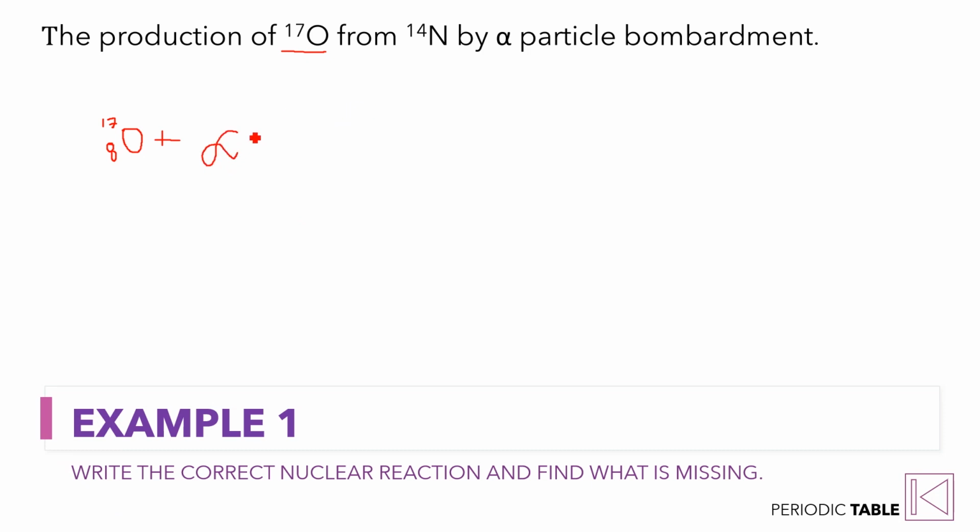The bombardment of an alpha particle on the oxygen 17, so that's 4 and 2. And this reaction yielded nitrogen, which is 7, right?